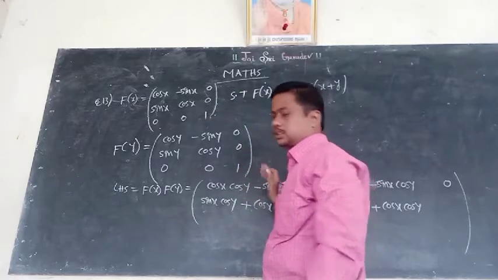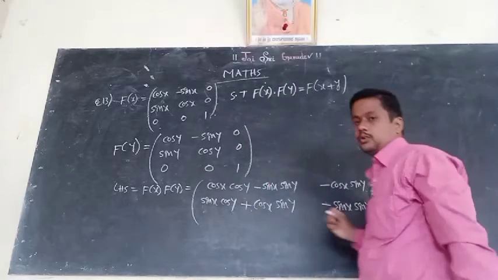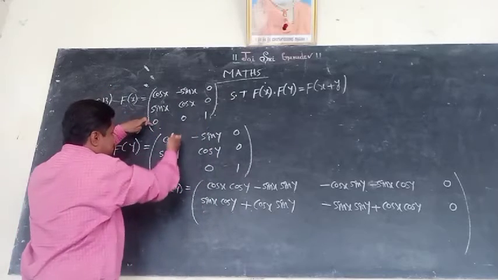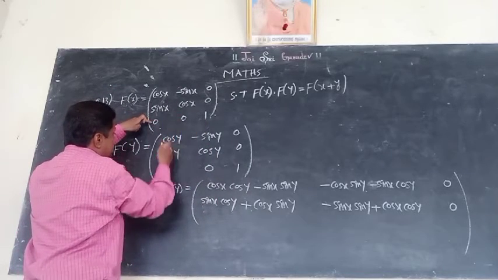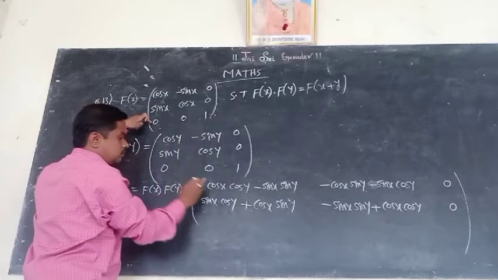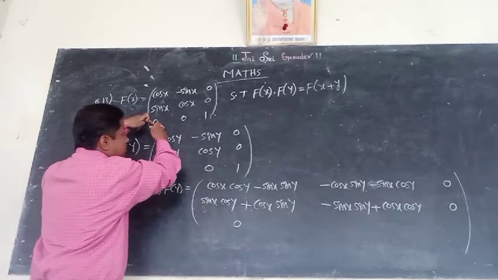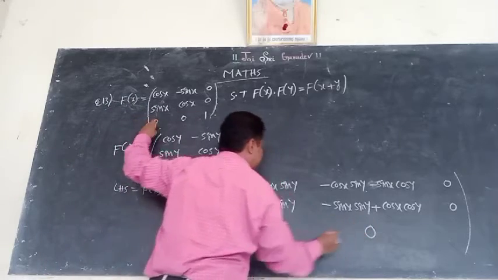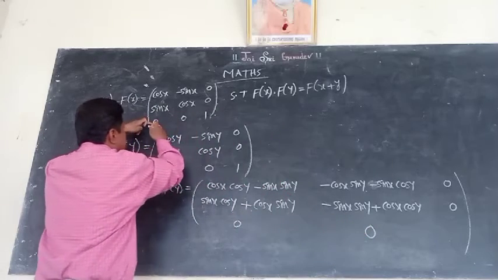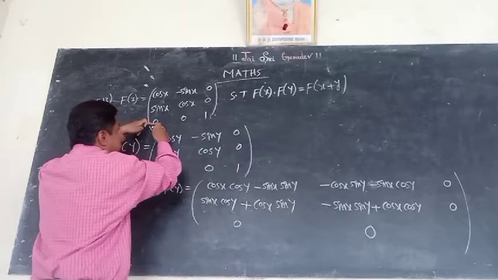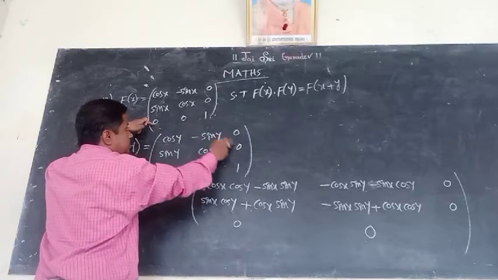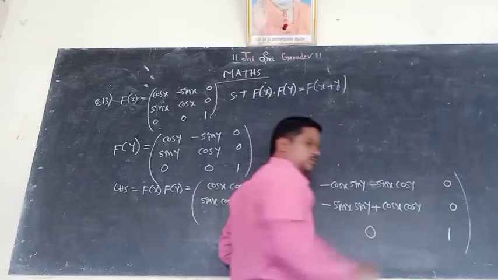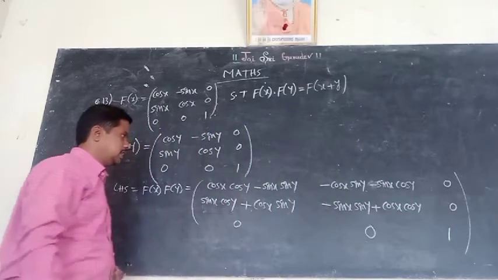Next, third row, first column: 0 into 0, 0 into 0, 1 into 0, so this is also 0. Third row, third column: 1 into 1 is 1. So this is the simplified answer.